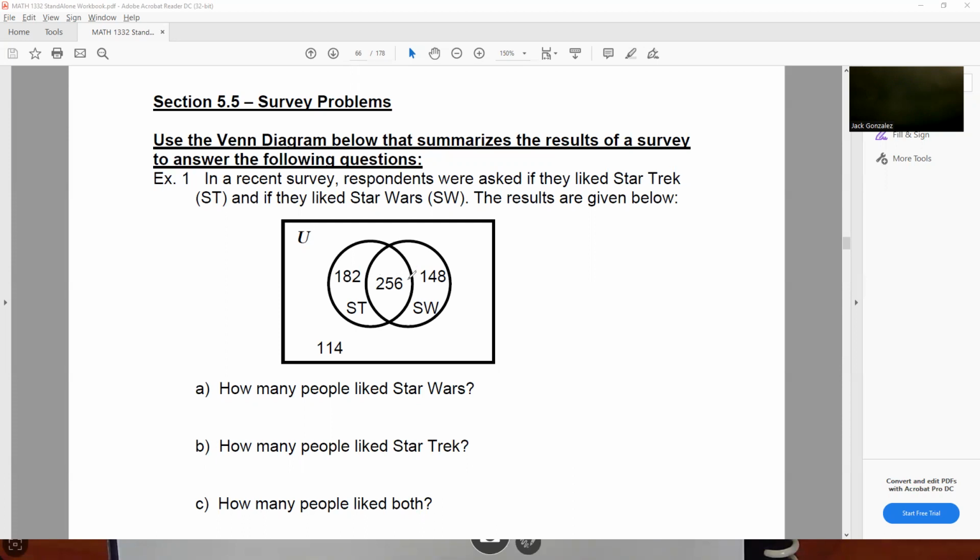Yeah, because this one's bigger. So let's think about it this way. What's 148 plus 182? Let's count it. It looks like it's not the total. So 330, I think, would be the total.